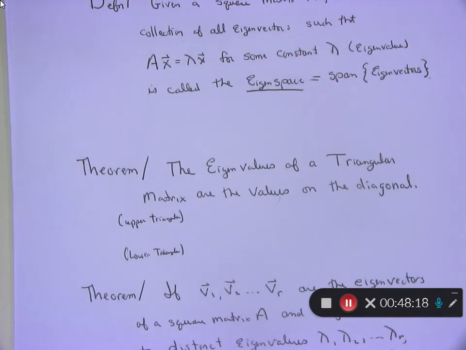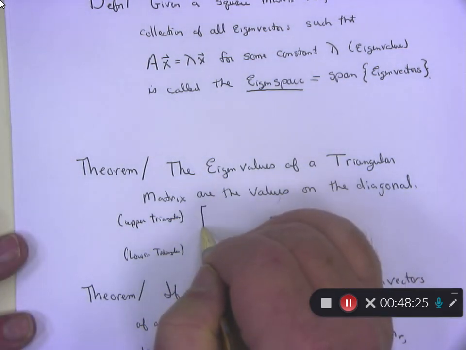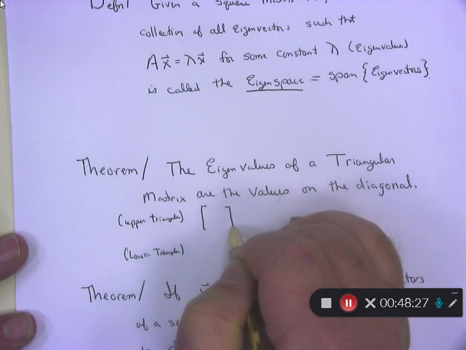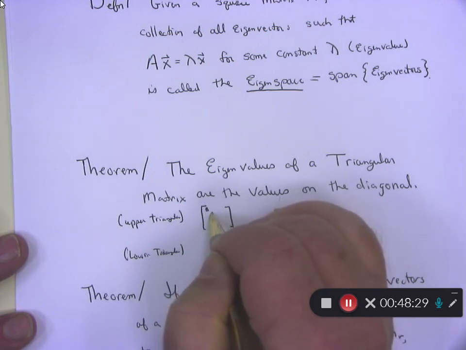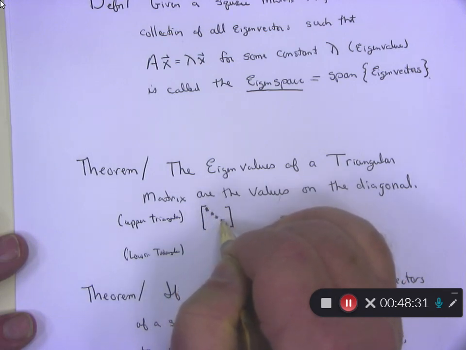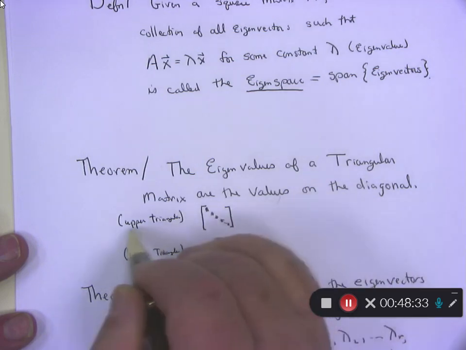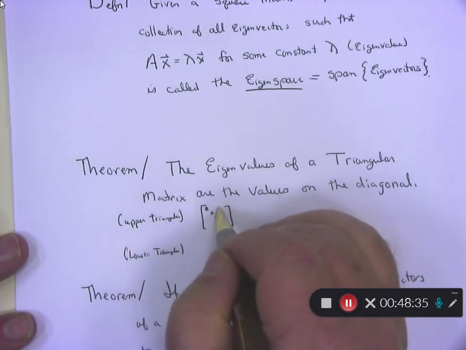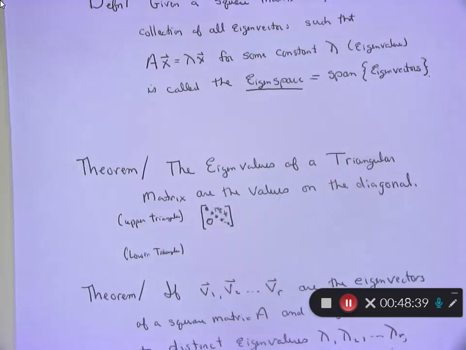Remember the old LU decomposition of a matrix A? Well, upper triangular, remember these are going to be square, so you're going to get numbers on the diagonal, okay? And upper triangular means you have numbers up here, but they're going to be zeros down below it. That is an upper triangular matrix.